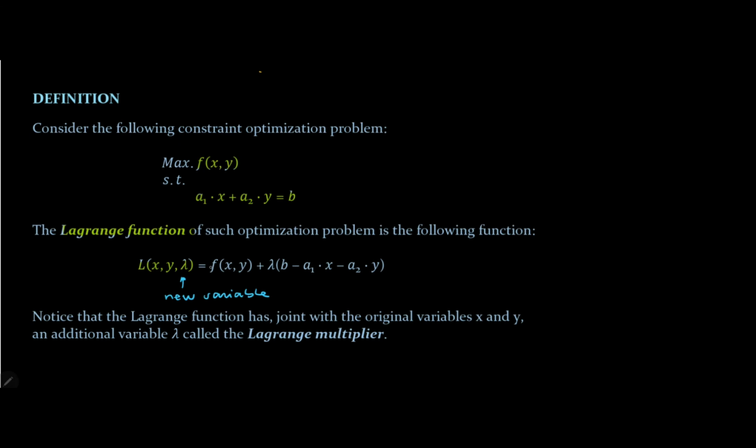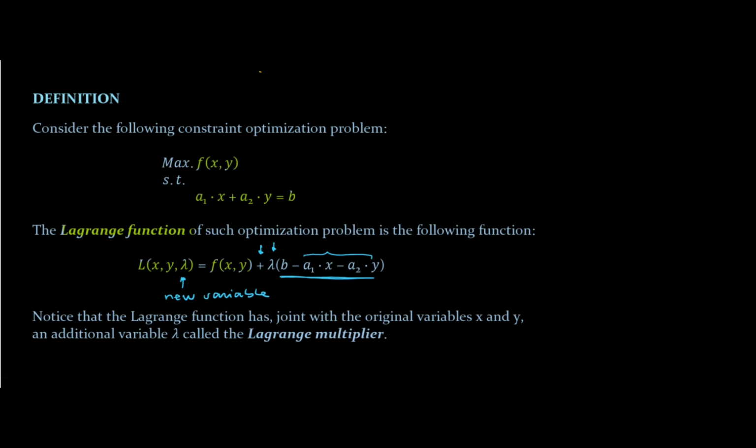First, we write the original function, next plus, and then we write this new variable lambda times the constraint written always like that: first, we write the right-hand side minus all the elements on the left-hand side, and not the other way around.